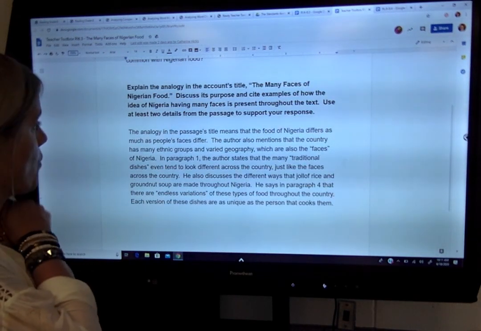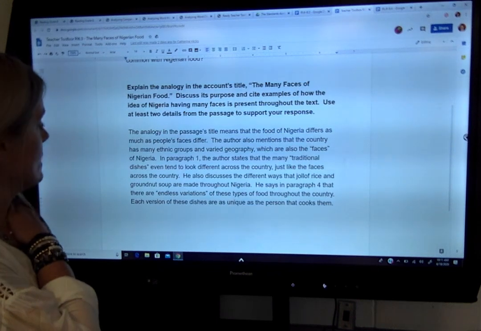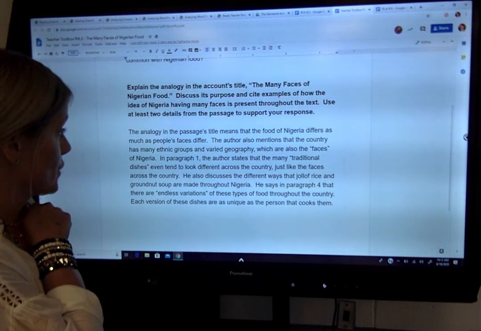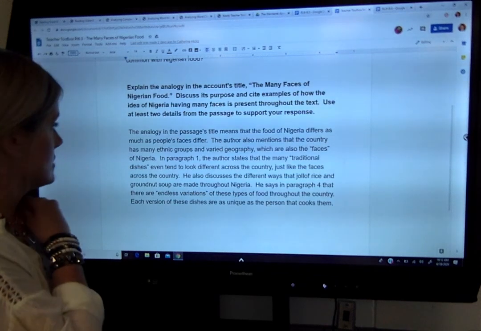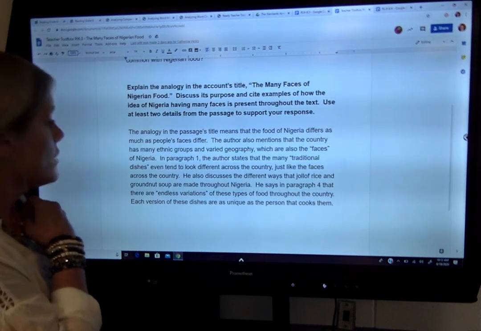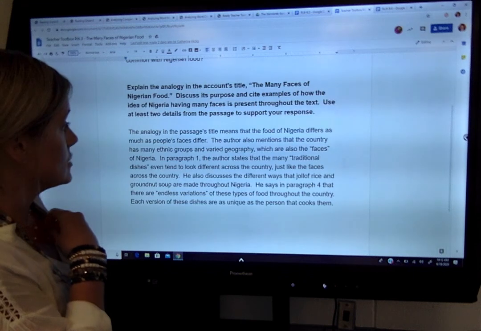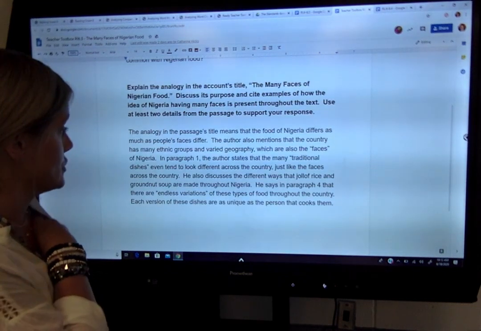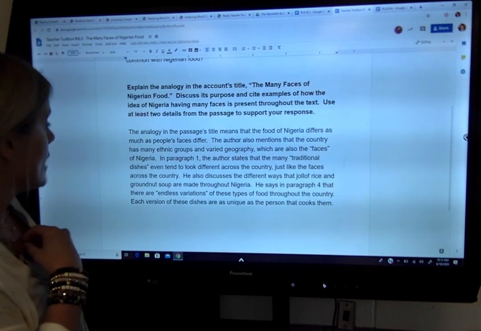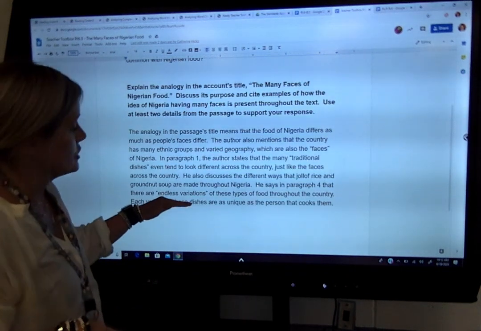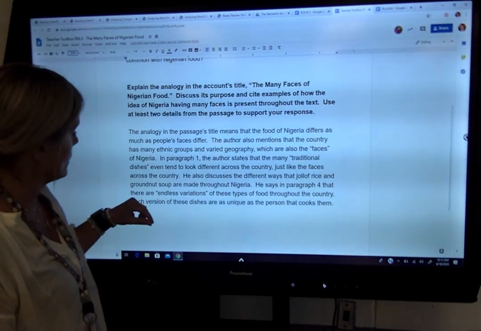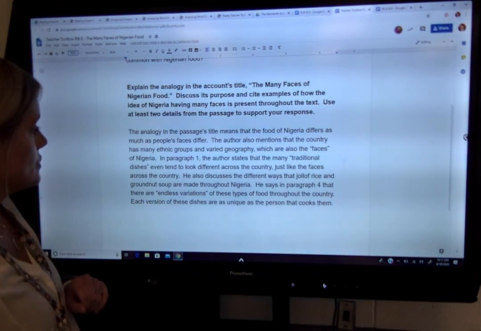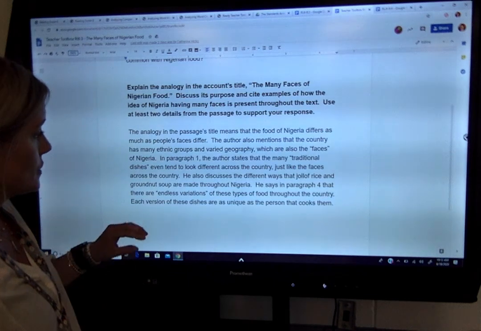In paragraph 1, the author states that the many traditional dishes even tend to look different across the country, just like the faces across the country. He also discusses the different ways that jollof rice and groundnut soup are made throughout Nigeria. He says in paragraph 4 that with the endless variations of these types of food throughout the country, each version of these dishes is as unique as the person that cooks them.